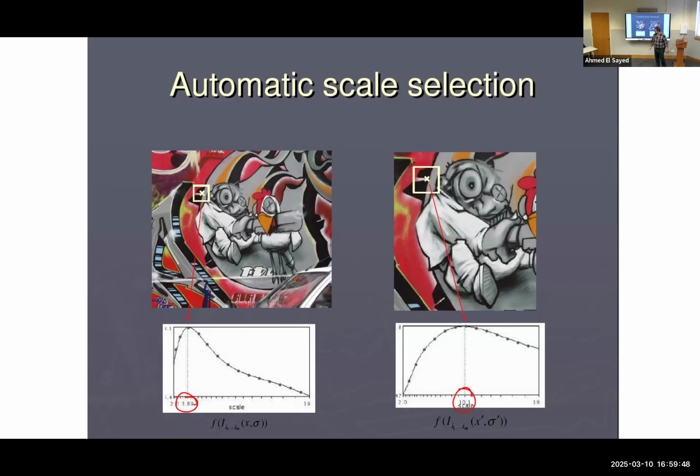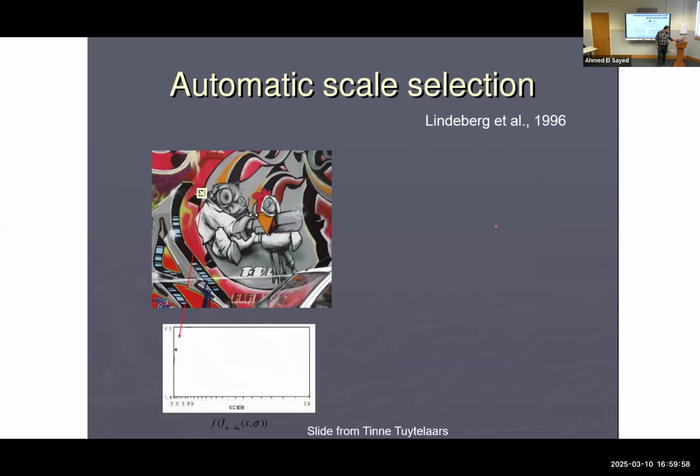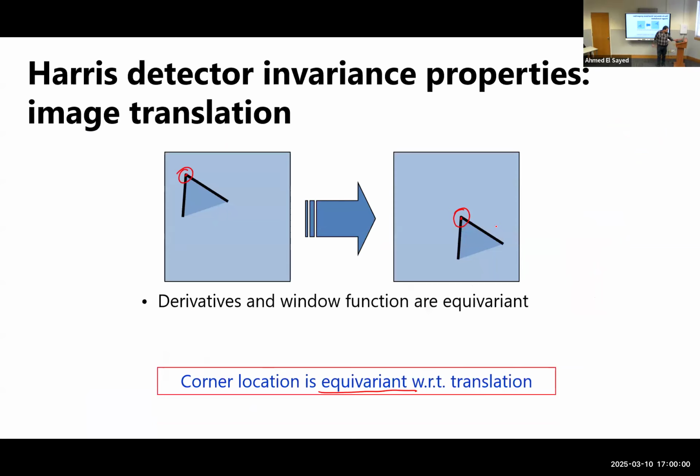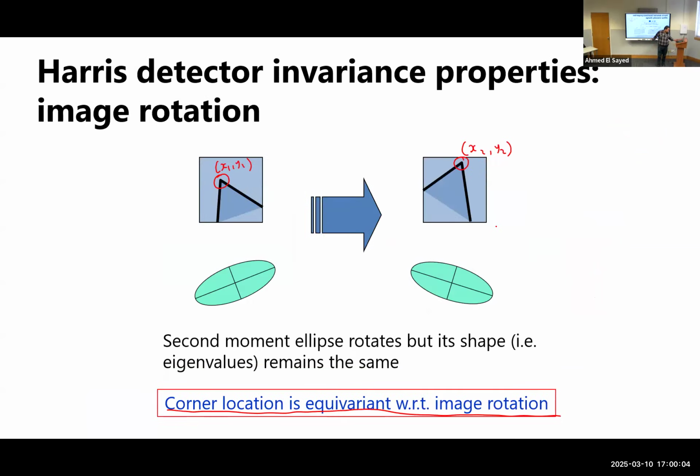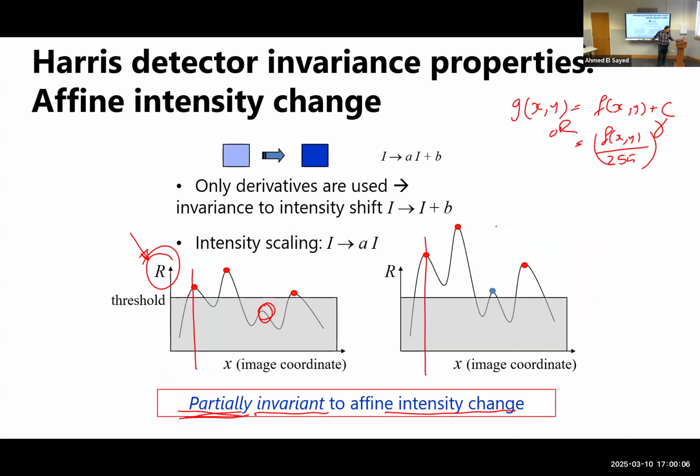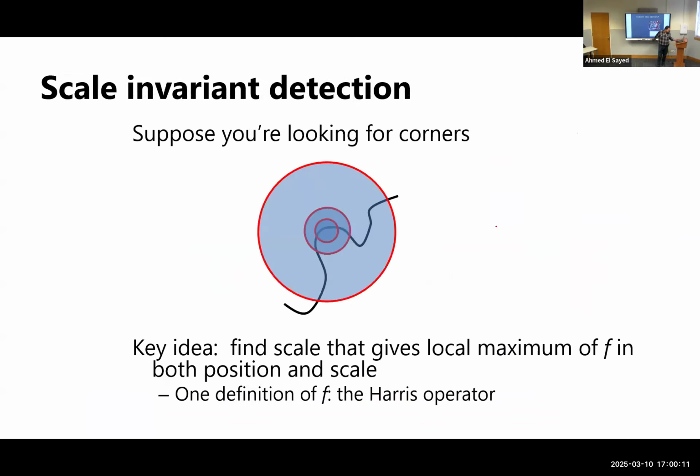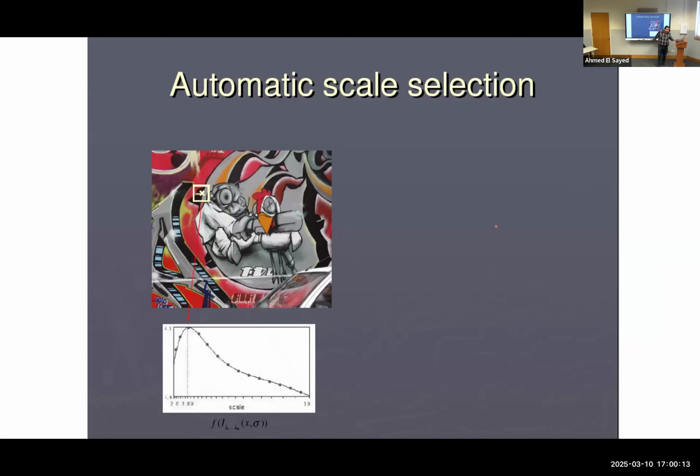Okay, and regarding the scaling, we now solve it by working on multi-scale from the given image. So we concluded: equivariant for translation, equivariant for rotation, partially invariant for intensity change, and if we work on multi-scale, we can achieve equivariance against the scale.